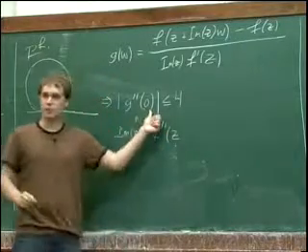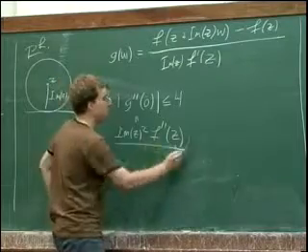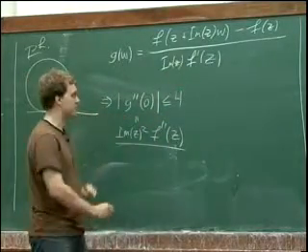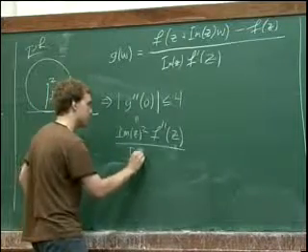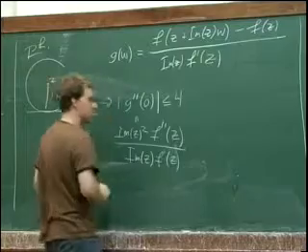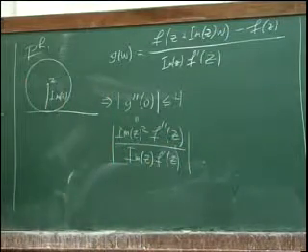Now we're evaluating at the point w equals 0, so that's that. And the entire thing divided by imaginary part of z times f prime of z. So that's what that center term is.